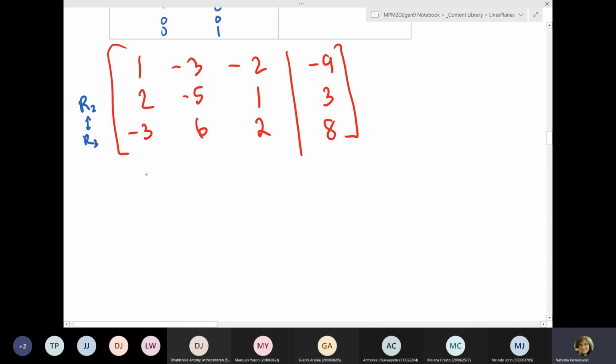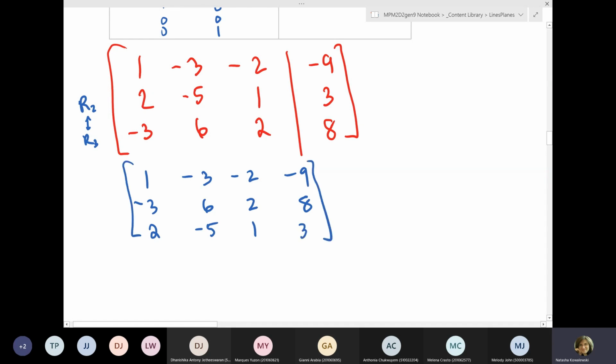Probably nothing else. Okay, so 1, negative 3, negative 2, negative 9, negative 3, 6, 2, and 8. So I'm putting row 3 in the middle now. It's basically just changing the order a little bit. Just so you're aware that if you see some ones, maybe just move them around to get them in the right position so it's less work later on.